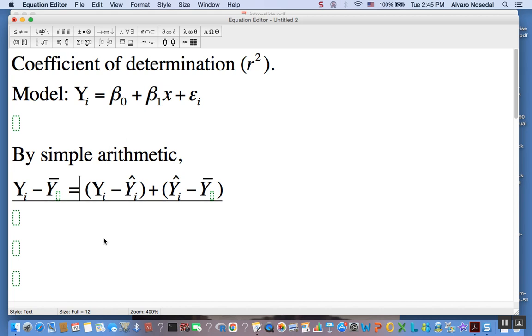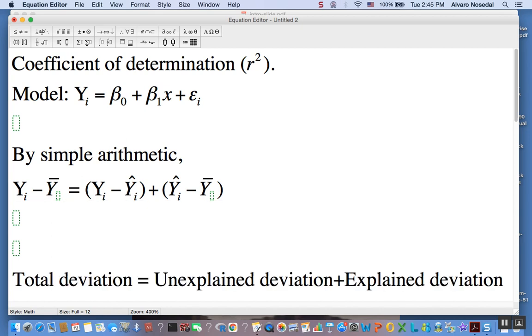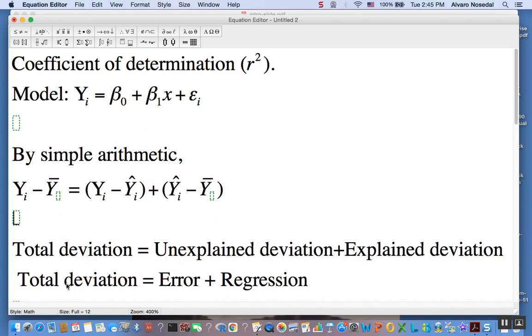What we're going to be doing next is squaring these three differences for all the n observations in our sample, and adding them up. By the way, this is the way that you would think about these deviations in plain English.